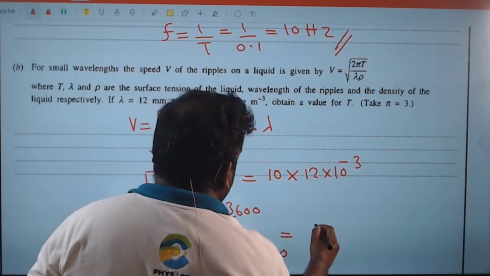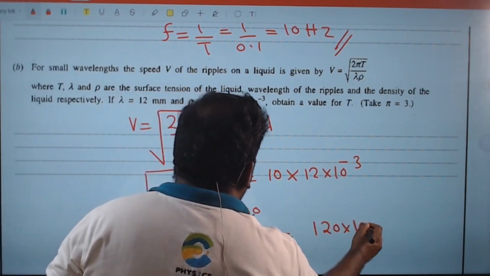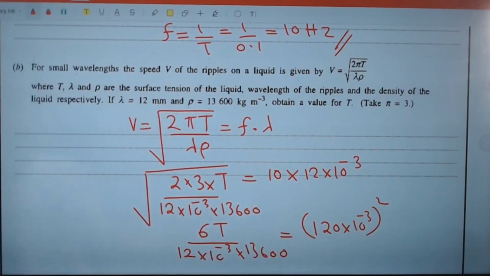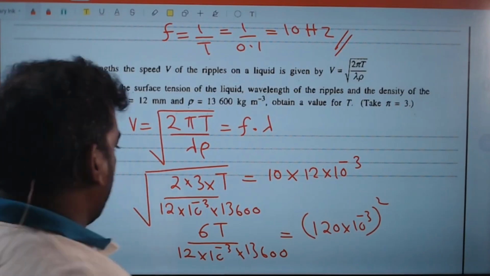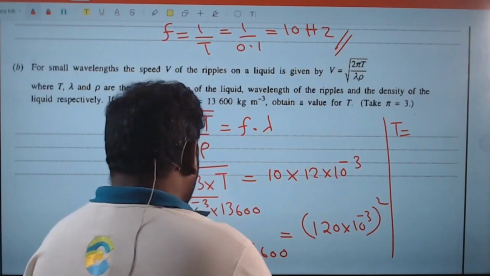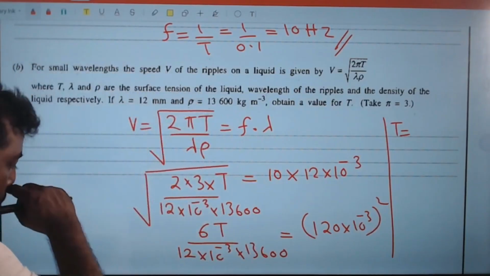From this you can make T the subject, in units of newton per meter.